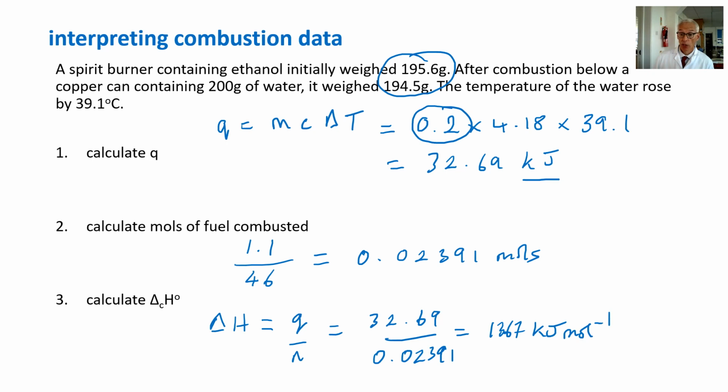I just need to assign plus or minus. As there was a temperature rise, the reaction is exothermic, so minus 1367 kilojoules per mole to 4 significant figures.